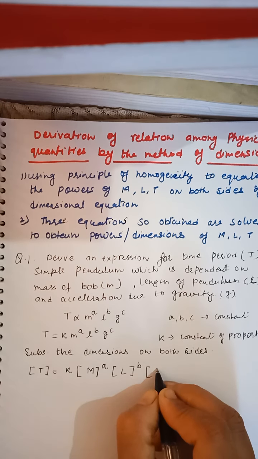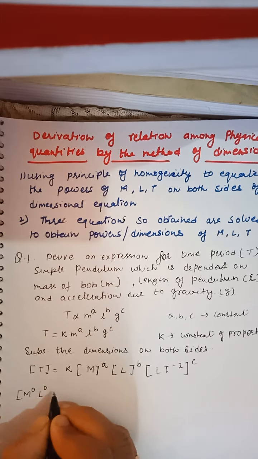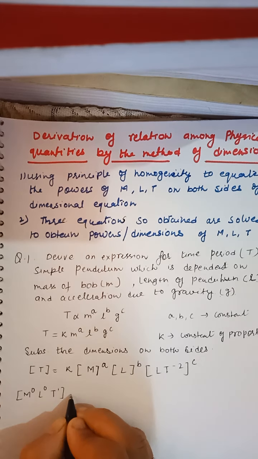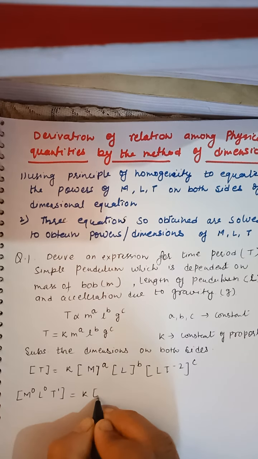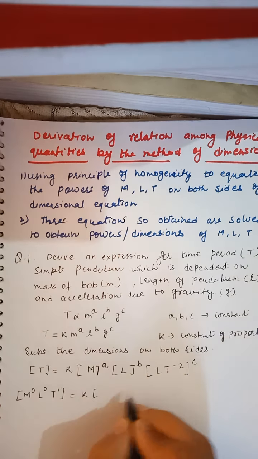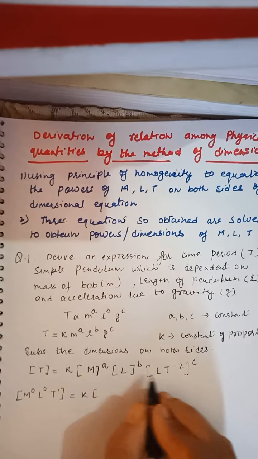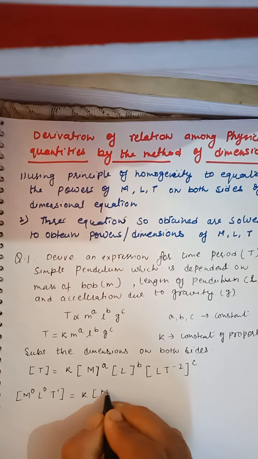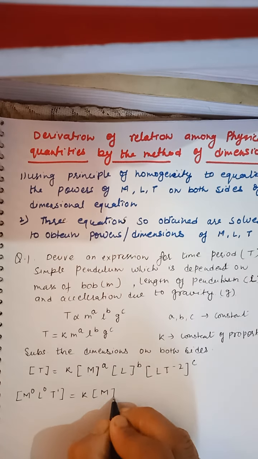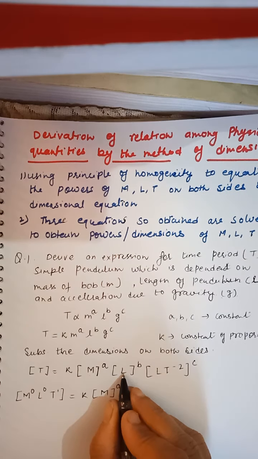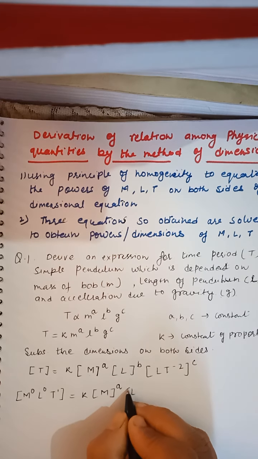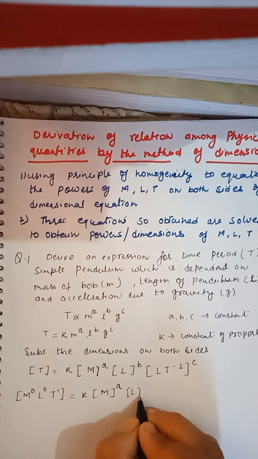Now this expression you can write in this way also: M^0 L^0 T^1 on the left, and here k, and now write the powers of all M, L and T individually. Only in this term you have M, so M to the power a. Here you have L to the power b, and here you have L to the power c and T to the power minus 2c.